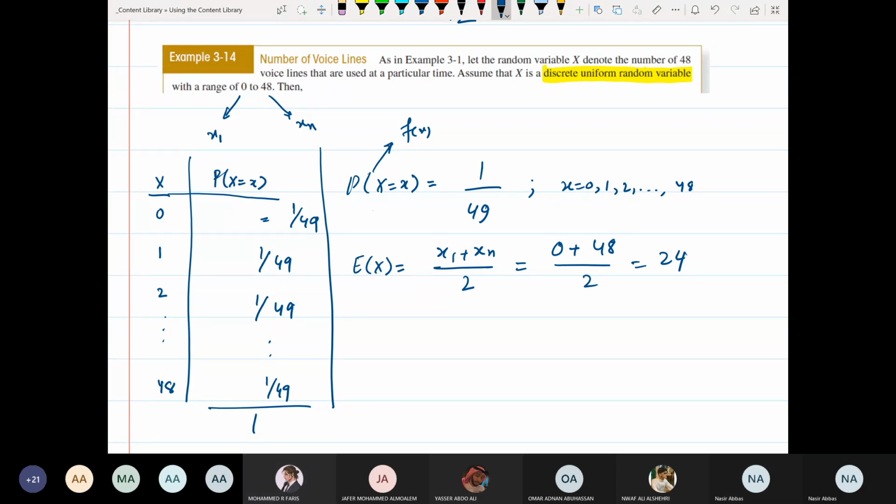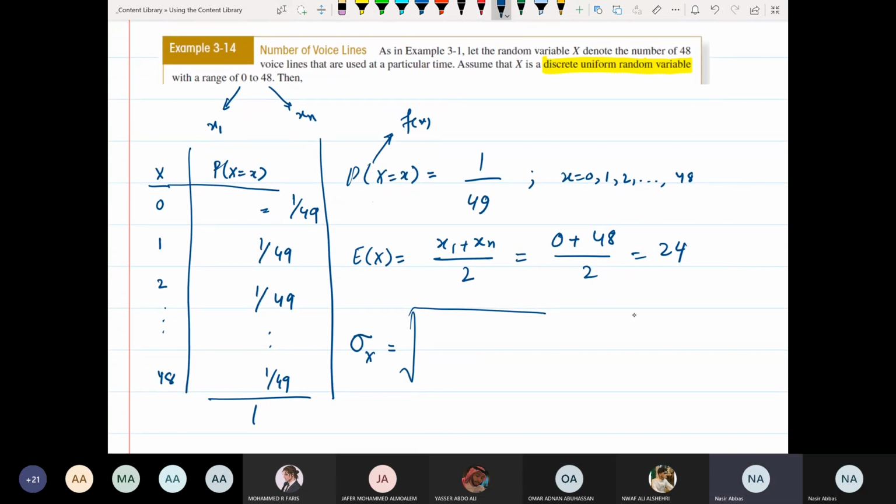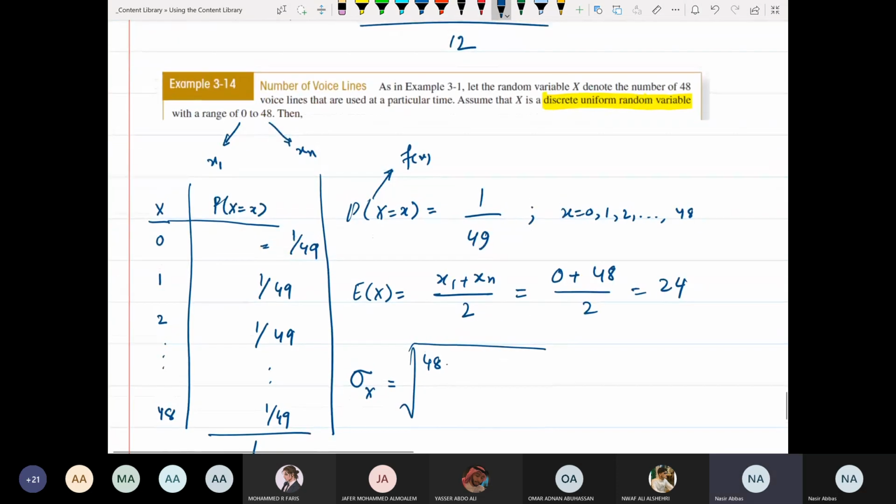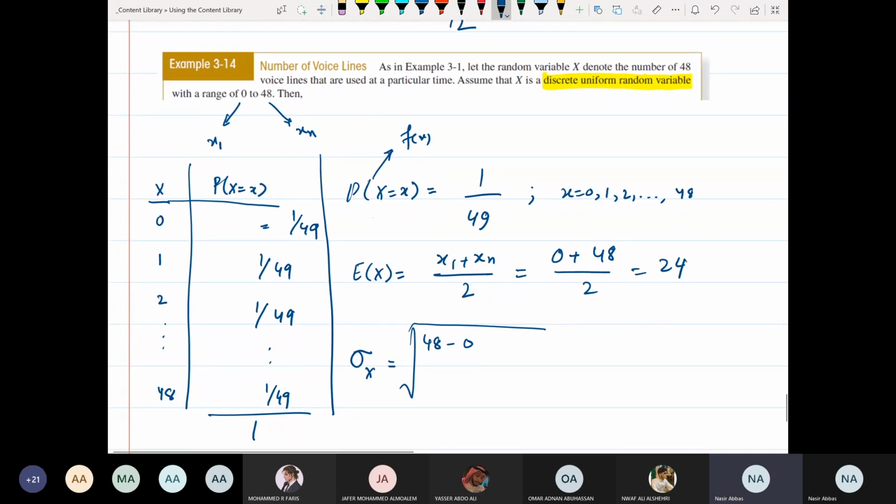Yes. The standard deviation, sigma of x. Again, you can go by the definition, the general case, but I'm going to use the shortcut case here. It is the square root of xn, which is 48, minus x1, which is 0, plus 1, whole square, minus 1, divided by 12.